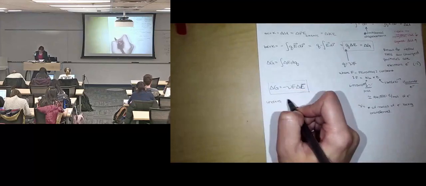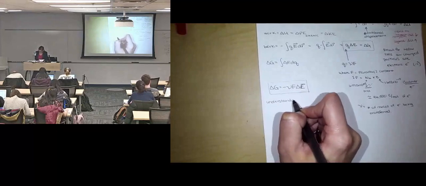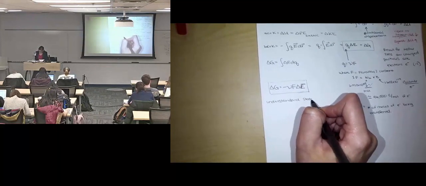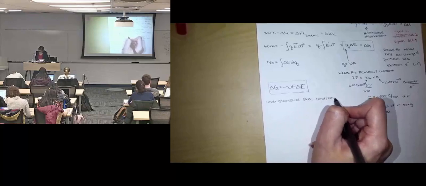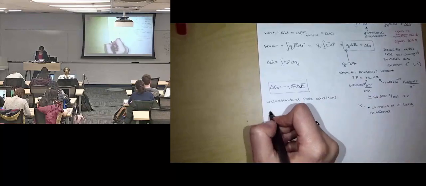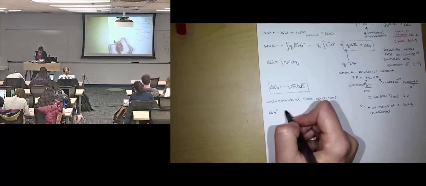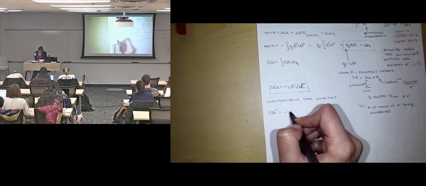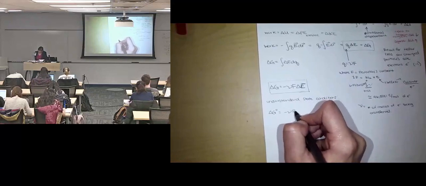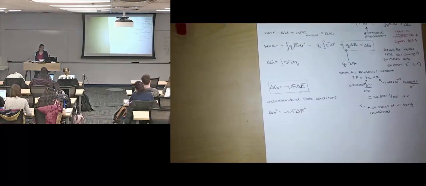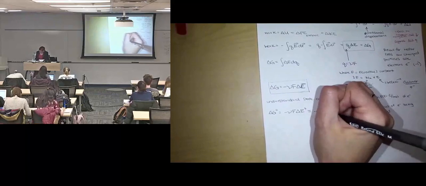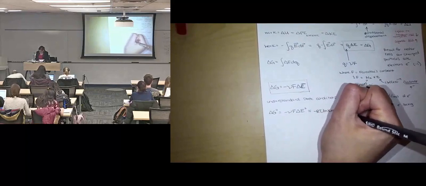Under standard state conditions, this relationship is still totally valid, totally holds. I'm just now defining a temperature, a pressure. I'm saying I'm talking about 1 molar things. This would be equal to negative nu Faraday times standard potential difference. And the other thing that I can set this equal to is negative RT natural log of K_eq.